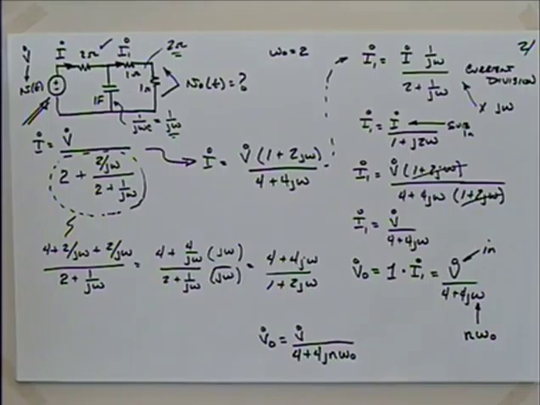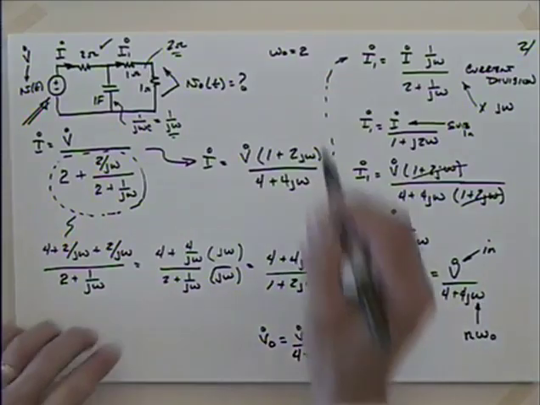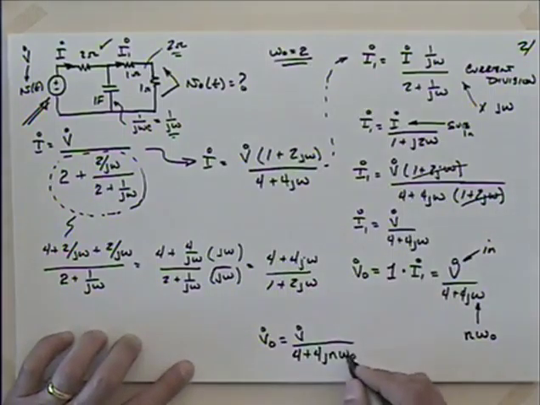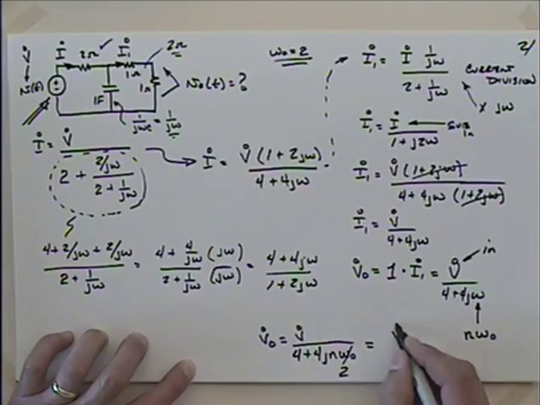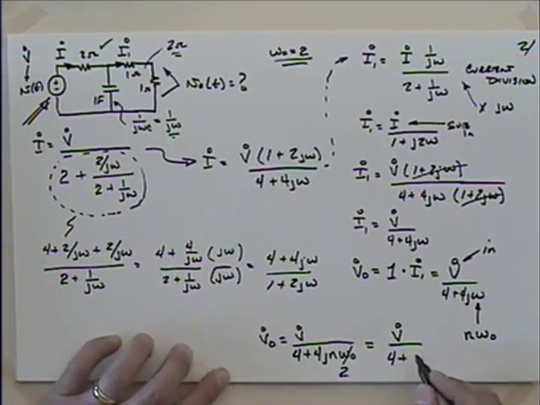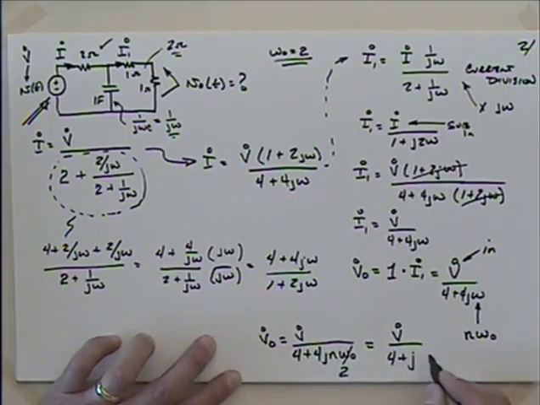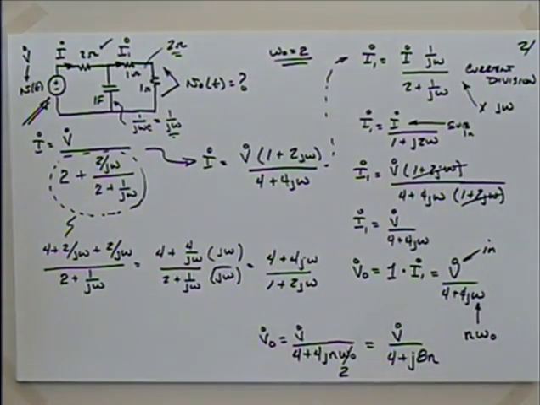Because it's going to change with n as the frequency increases. We have to have some way for accounting for that, so we've changed this omega to n omega naught. And then remember that omega naught was equal to 2. So when I change this to 2, I could say that I have V divided by 4 plus 8jn, right? Maybe I better put the j out in front and say that it's 8n. Okay.